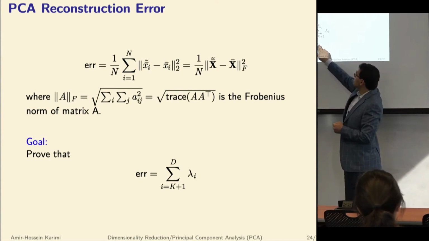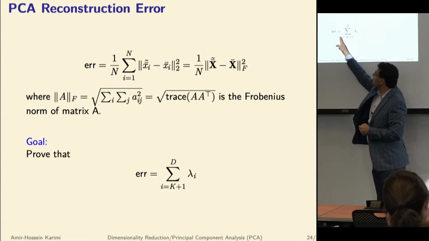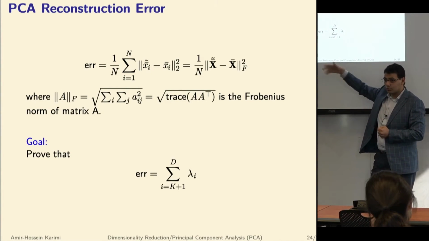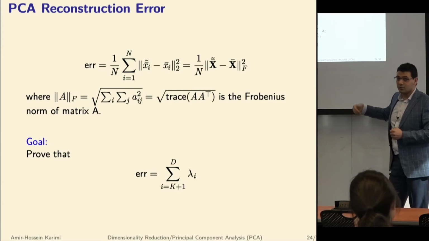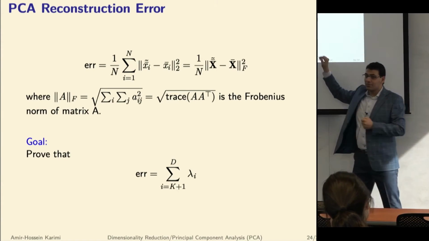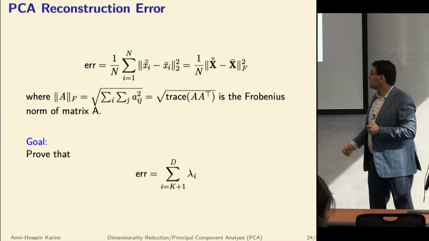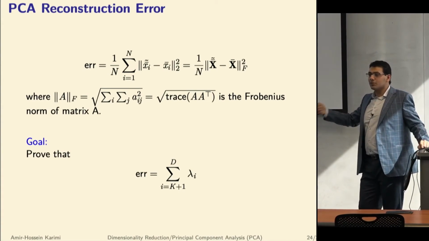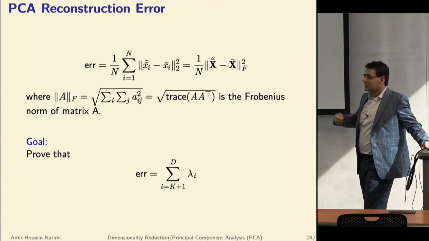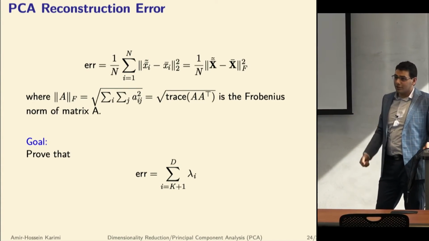We said that we're going to retain everything up to k dimensions. Then starting from the k plus 1th dimension to the dth dimension, whatever eigenvalue we have, sum them up. If you sum up those eigenvalues, this gives the error that exists. It is minimal because of the property of the eigendecomposition such that the lambda_i's are ordered from largest to smallest.